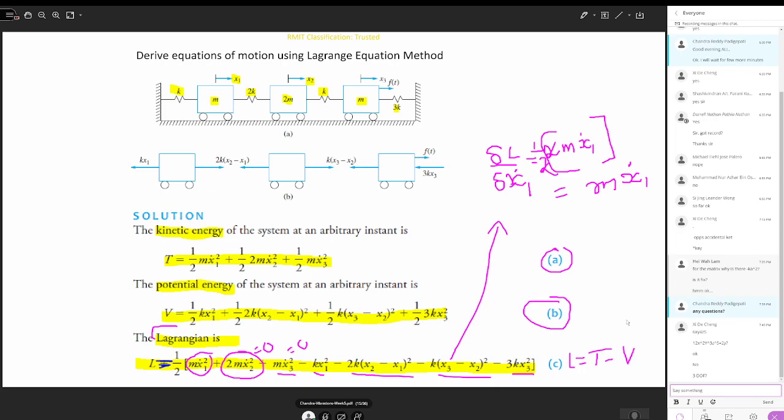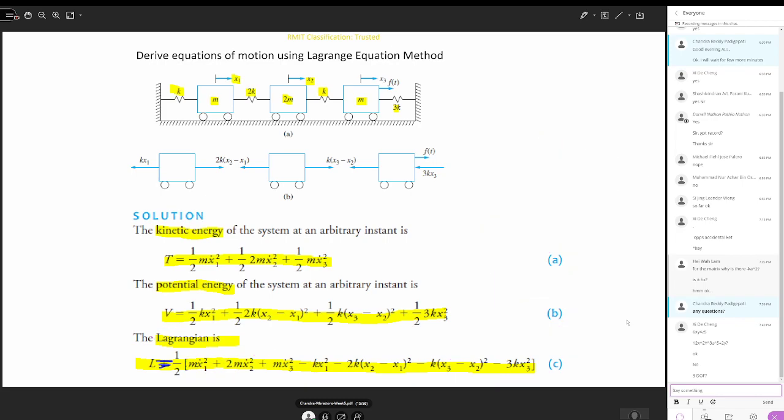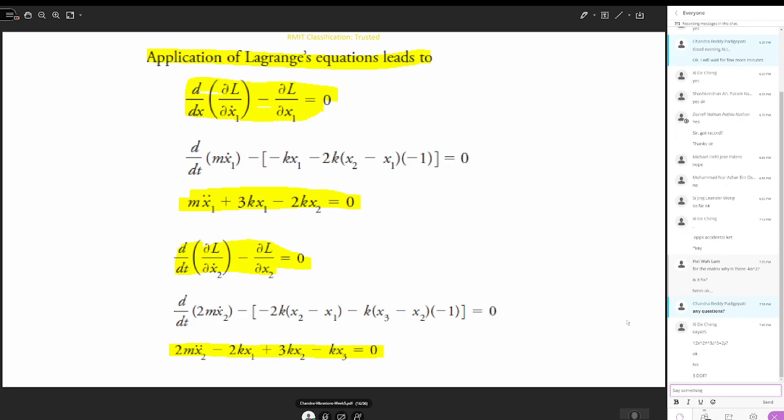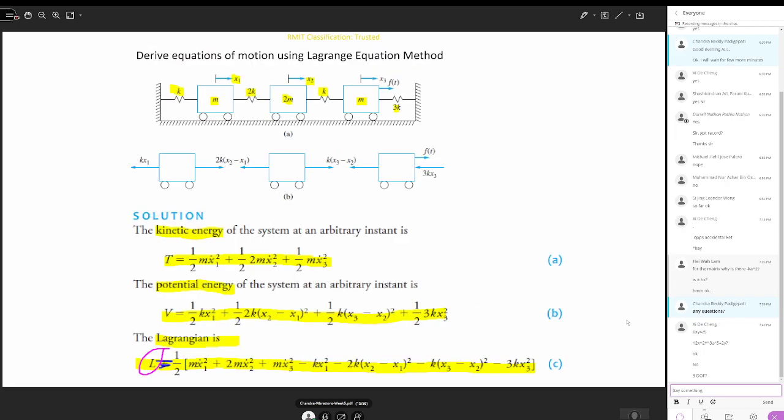Okay, so now I clear this. Now we need to take the derivative of this term with respect to x1, right? So dou L over dou x1.